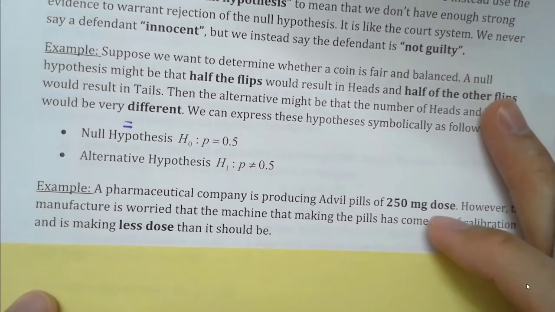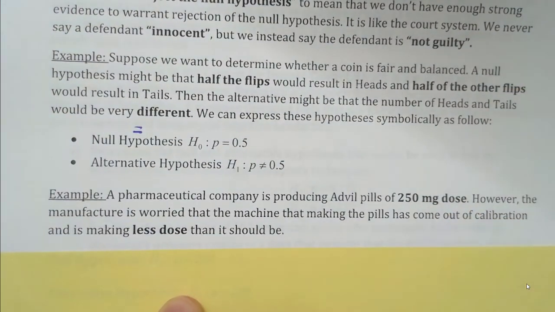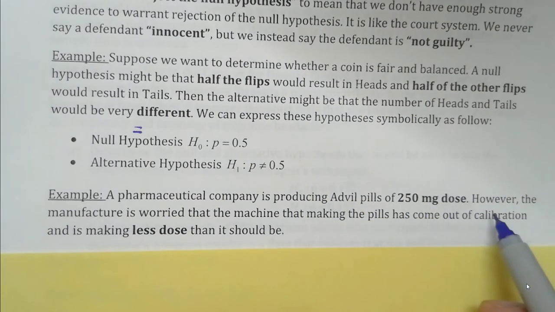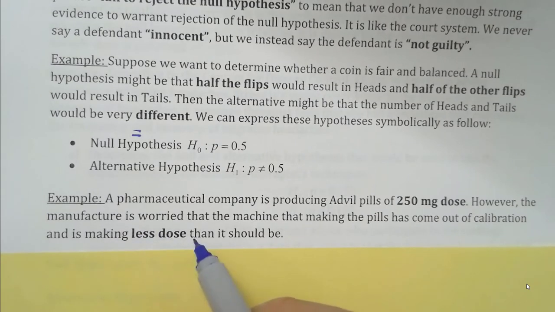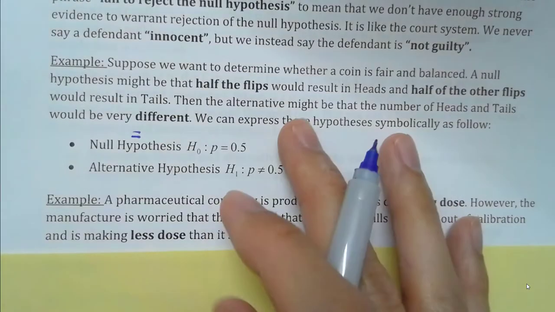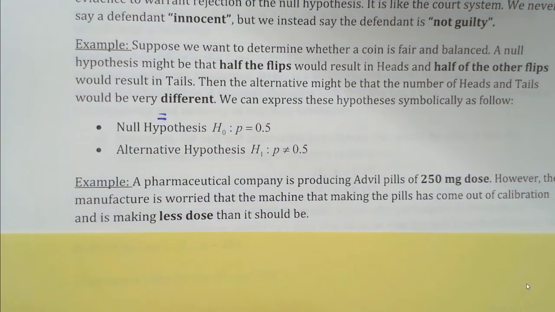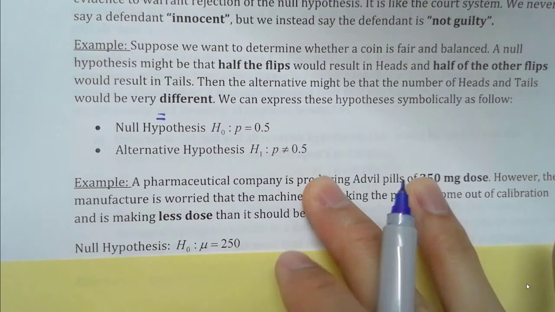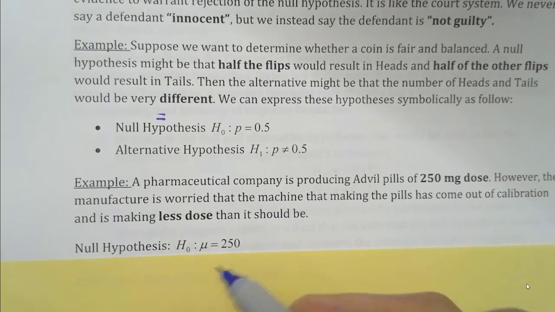Another example: a pharmaceutical company is producing Advil pills up to a 250 mg dose. However, the manufacturer is worried that the machine making the pills has come out of calibration and is making less dose than it should. So what should be the null hypothesis and the alternative hypothesis? Well, we know that the null hypothesis has the equal sign.